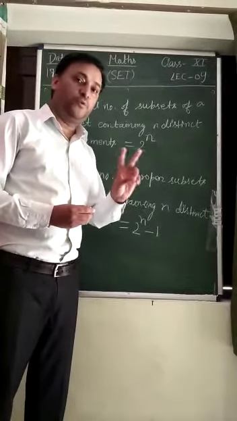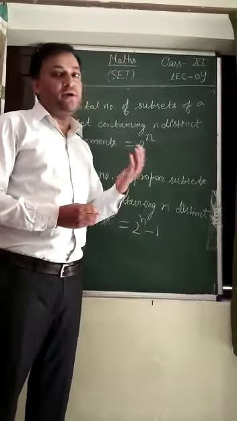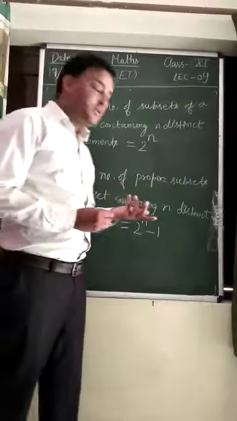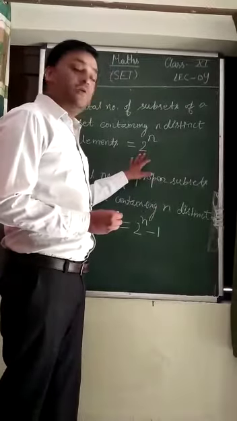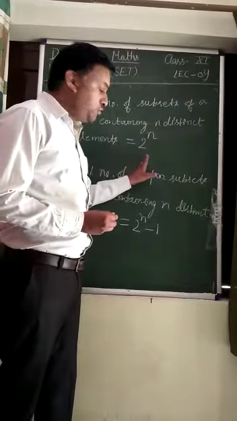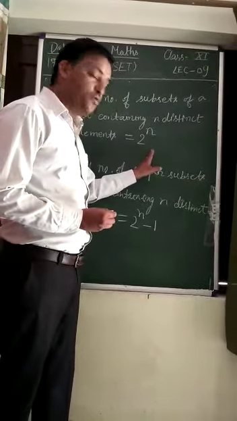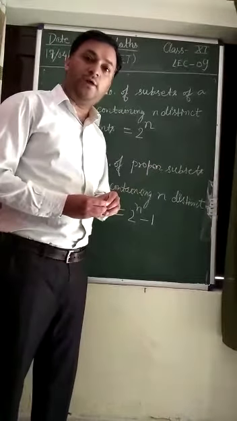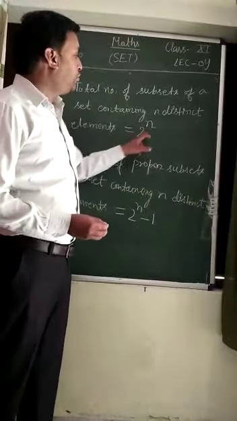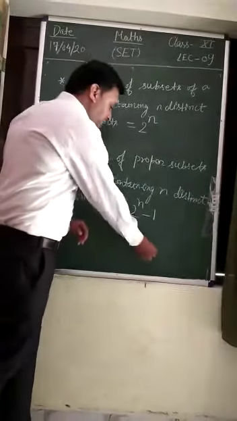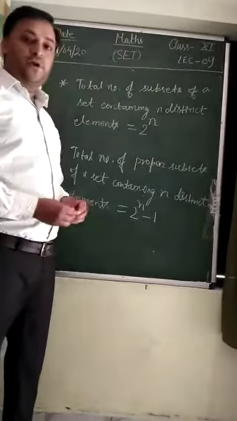So there are two possibilities. Similarly, if the set contains n elements, how many possibilities are there? For one element 2 possibilities, for the second element 2 possibilities, so 2 into 2 into 2 up to n times. This gives us 2 to the power of n, students. So students, this is a very important topic.